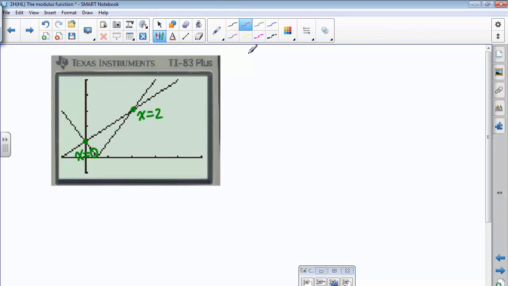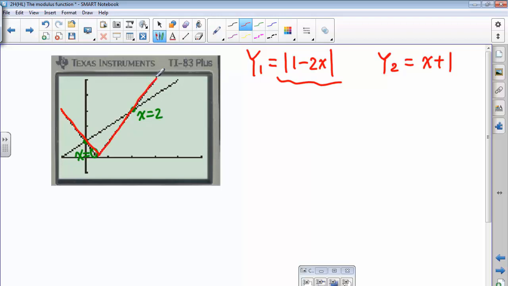Right now, I have 2 functions. The first one is an absolute value function. And the second one is the linear function. And we know the absolute value function should be the V-shaped graph. And this regular linear function is this straight line. So right now, we know this inequality is y1 larger than y2, which means I need to find the x values which can make the graph of this absolute value function above the graph of the line.